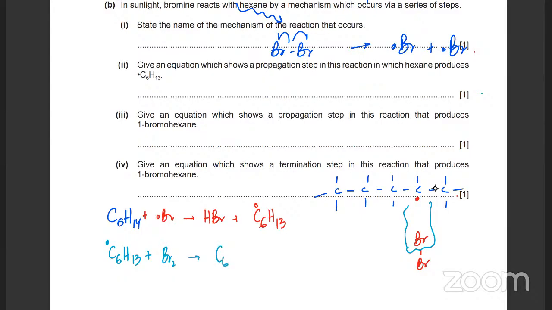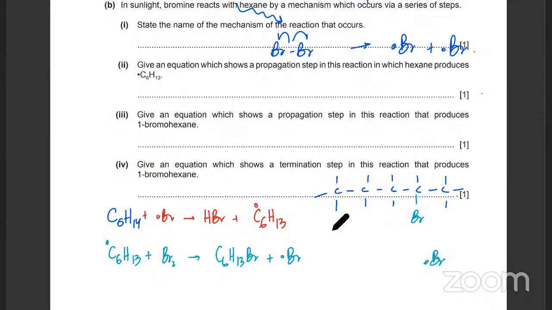So now it's going to become C6H13, and there's going to be one Br added to it, and another Br radical would be produced. When this Br leaves, its bonds are now incomplete. So now this bromine has joined this carbon atom, and now you've got another bromine radical that's roaming around.